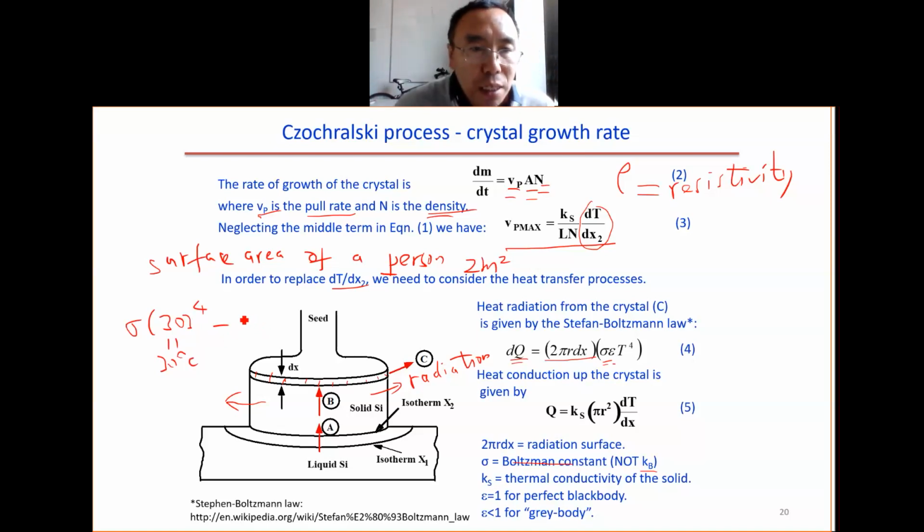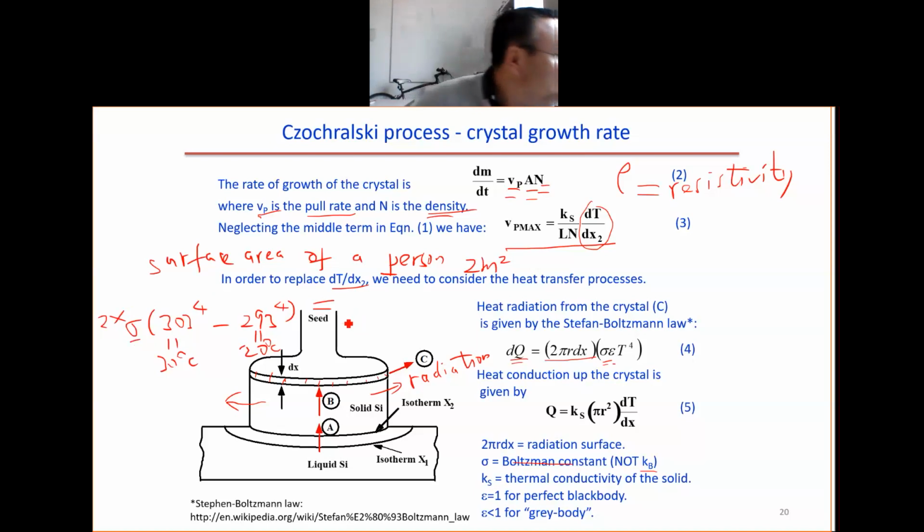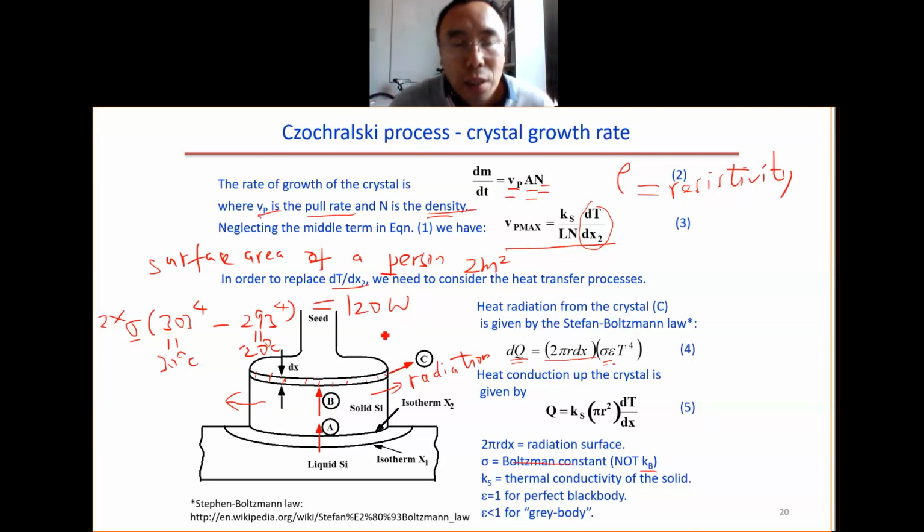The environment also radiates heat to our body, at 20 degrees, the room temperature. So the difference, with the 2 square meters and sigma, gives you 120 watts. That means our body can radiate 120 watts of heat.